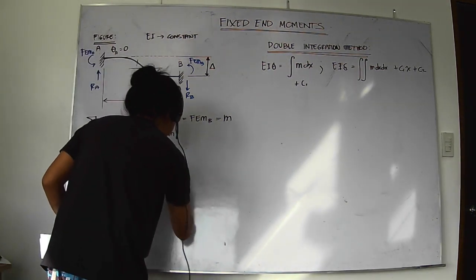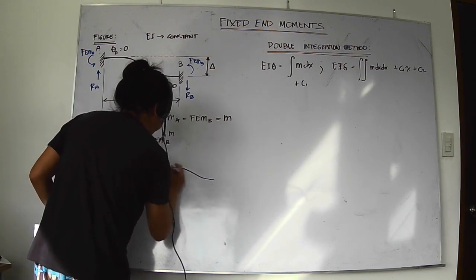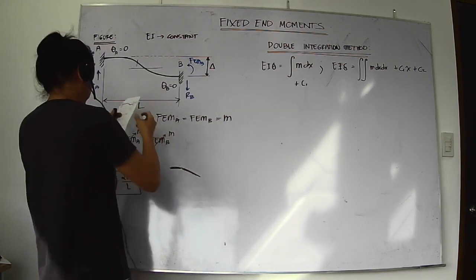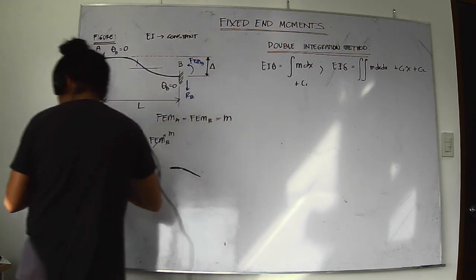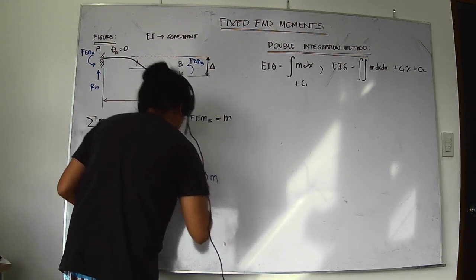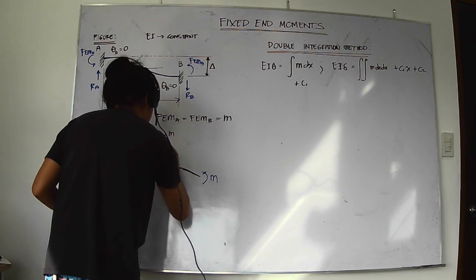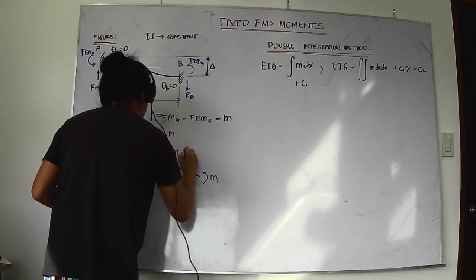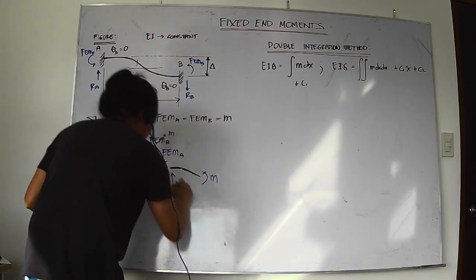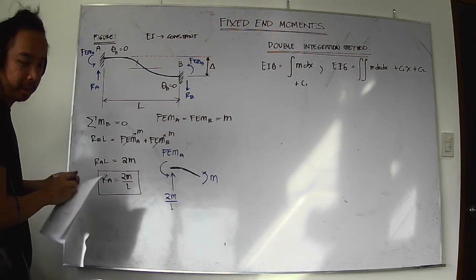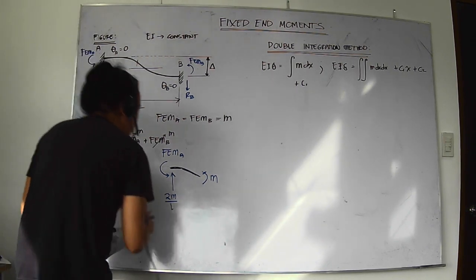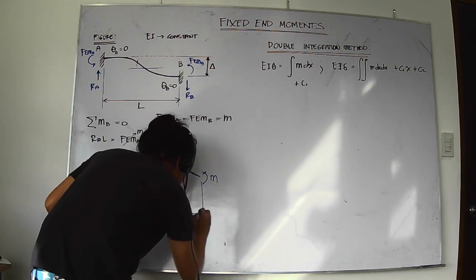The internal moment is going this way. FEMA is going up, that is 2M over L. I only exaggerated it; technically you can take it as a straight line. The distance is still x.